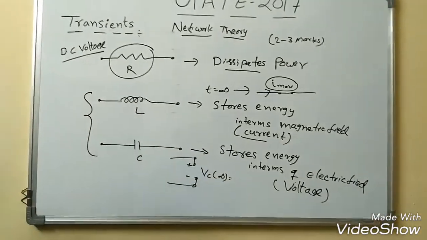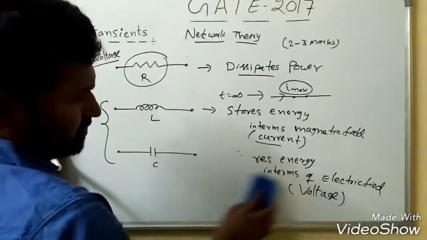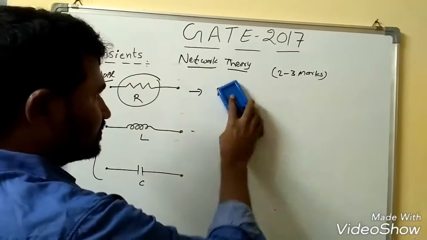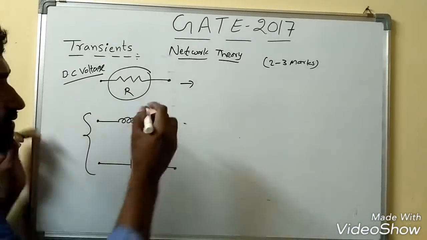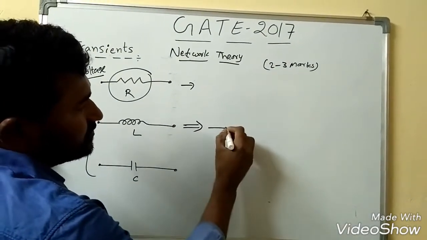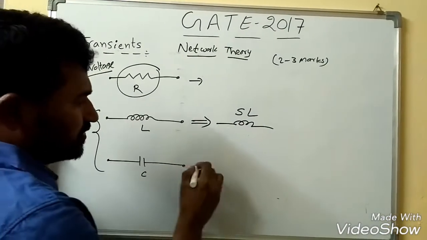Now we will see what is this 0 minus, 0 plus for the inductor and capacitor. We always have to look at the impedances. The equivalent circuit for the inductor is in terms of impedance S into L, that we know already.